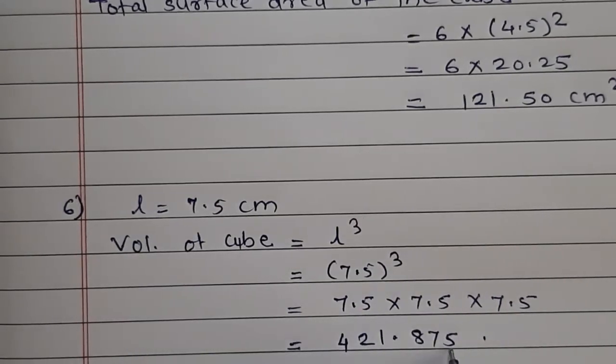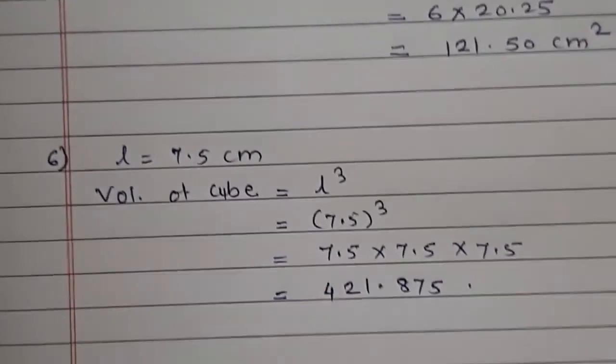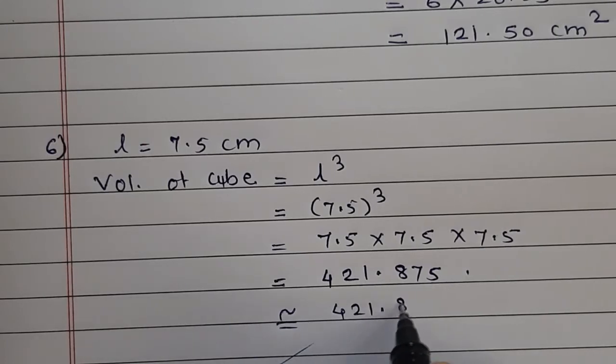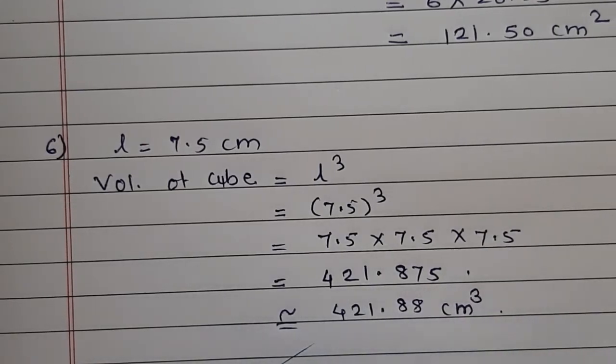Now here 5 is there, so approximately we can say that 421.88 centimeter cube. So volume of cube is 421.88 centimeter cube. Understood? Now remaining sums you will try.